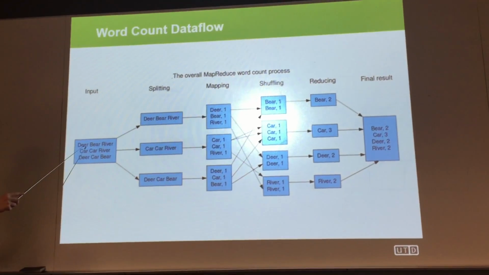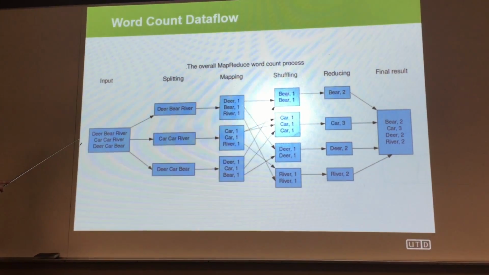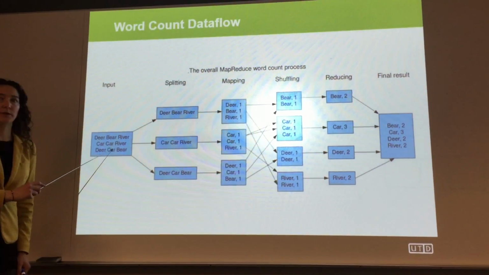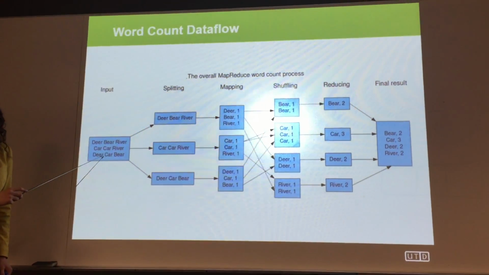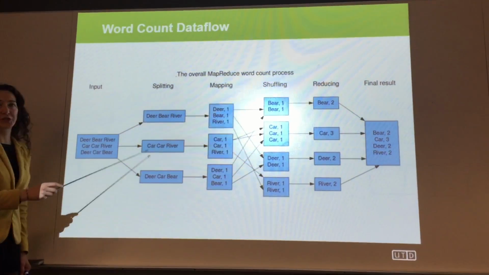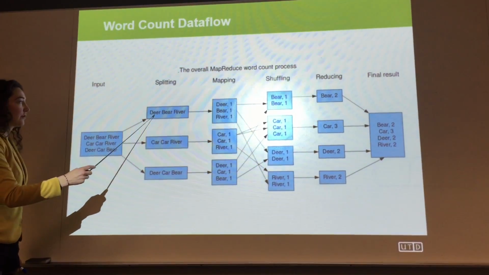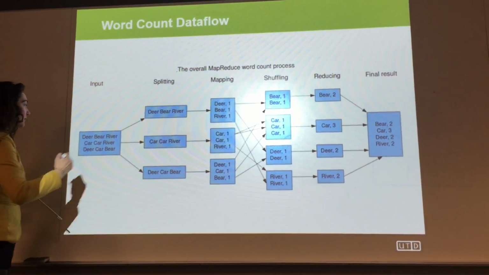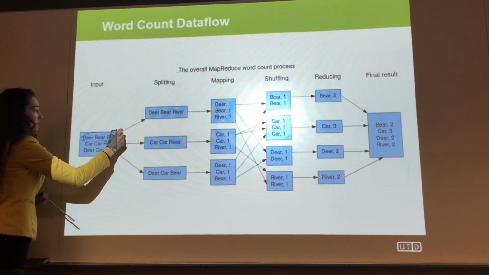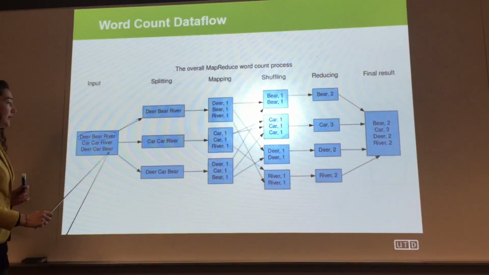And it's a bunch of words: deer, beer, river, car, something else. First thing we're gonna do is divide this document into pieces. Each one is given to a separate machine to process. So the first line goes here. The next line of the document goes here. The next line goes here.